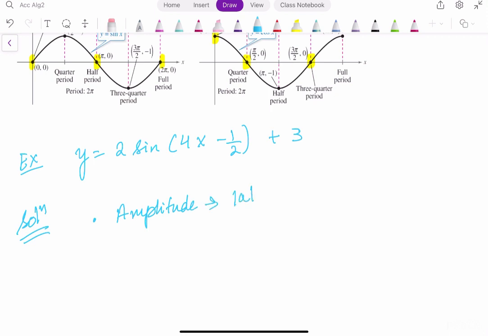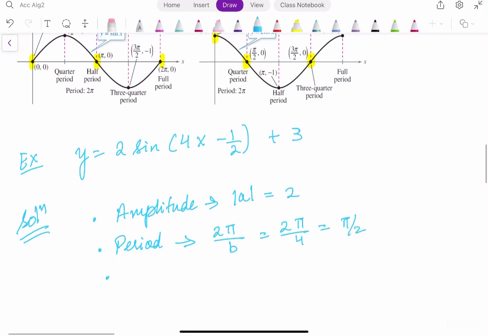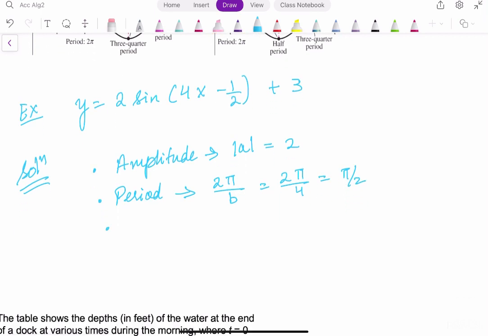What is a in this case? It is 2. Second point, period. How to calculate period? The sine and cosine have a period of 2 pi over b. What is b in this case? B is 4. So that will be pi over 2.